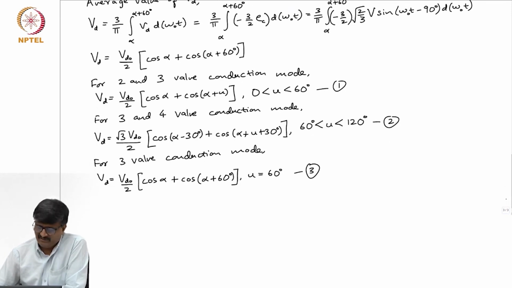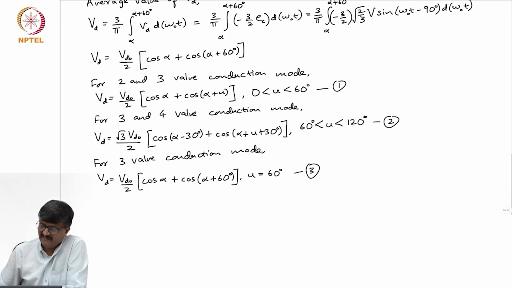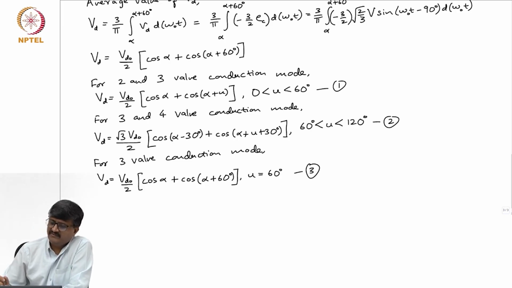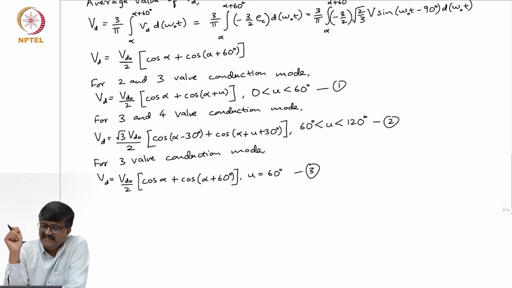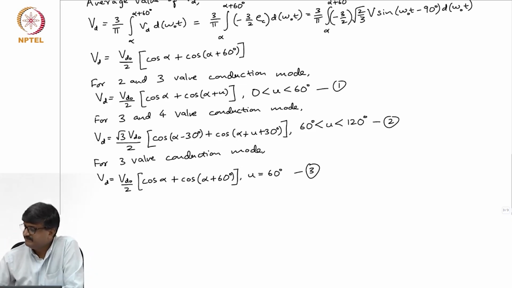So if I look at the expression for Vd for u equal to 60 degrees, of course it is in terms of Vdo and alpha, because u takes a specific value of 60 degrees. So what I do is I will just try to take the limit of the expression for Vd in equation 1 as u tends to 60 degrees and show that we get equation 3.